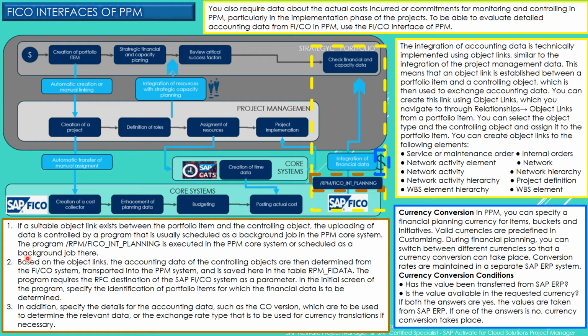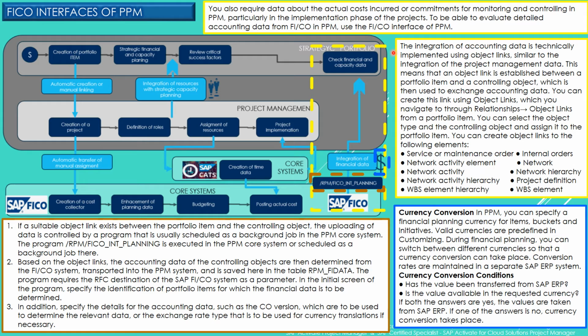Based on the object links, the accounting data of the controlling objects are then determined from the FICO system, transported into the PPM system, and saved here in the table RPM_FIDA. As we saw in the previous lesson, the integration of accounting data is technically implemented using object links.